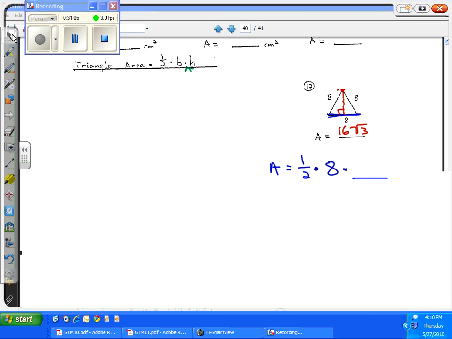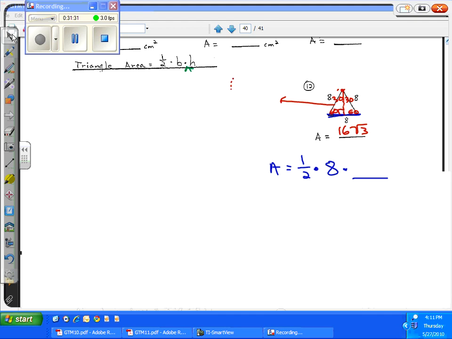Well, this is an equilateral triangle, which is also equiangular, so each angle is 60. The height is the bisector of the vertex angle of an isosceles triangle, the isosceles triangle theorem. And it's perpendicular to the base at its midpoint.